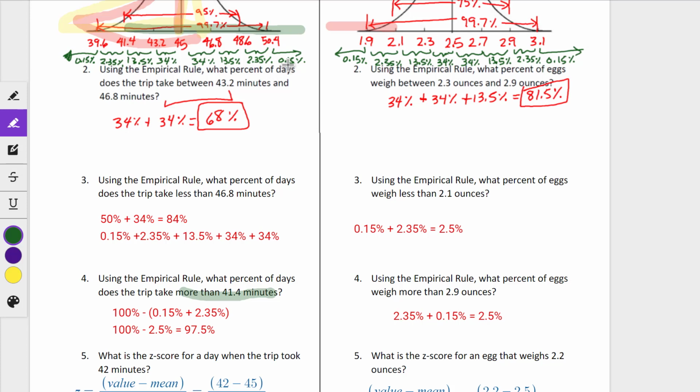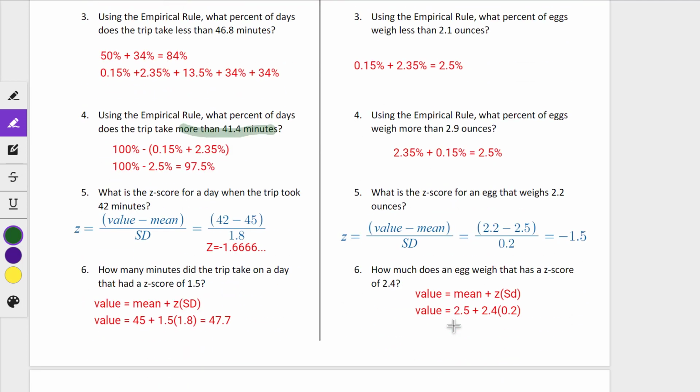Or I could make my life a little easier and just take 100% and subtract those two pieces, which is the work I showed here. Either one works. Over here, we wanted more than 2.9 ounces, so that's just the last two pieces. That's not a lot to do, so we add those and we get 2.5%.